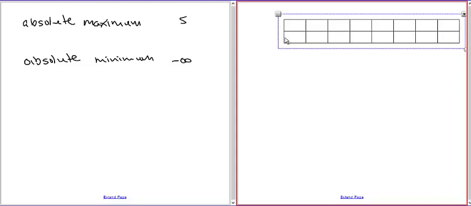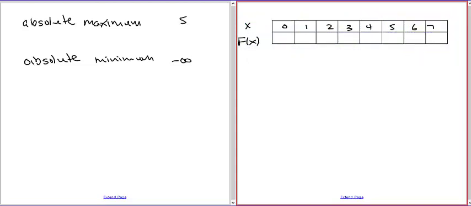So this is a function, a table representation of a function. So you're going to have f, and you're going to have f of x. And so you got 0, 1, 2, 3, 4, 5, 6, 7. I'll actually need another. Get this whole thing over. 8.